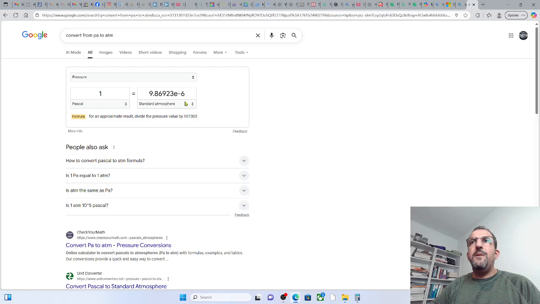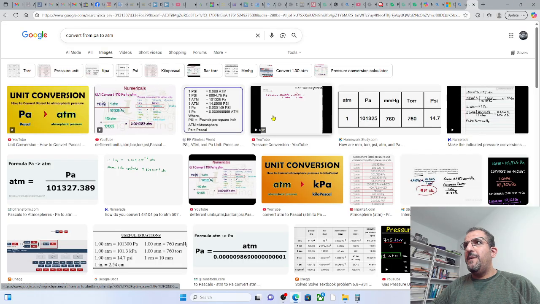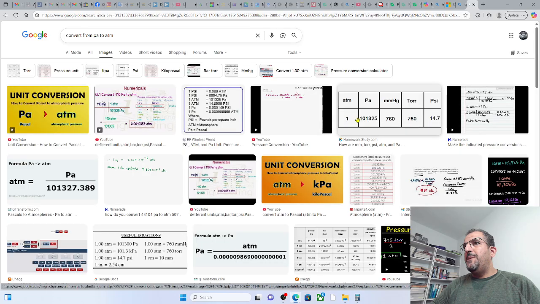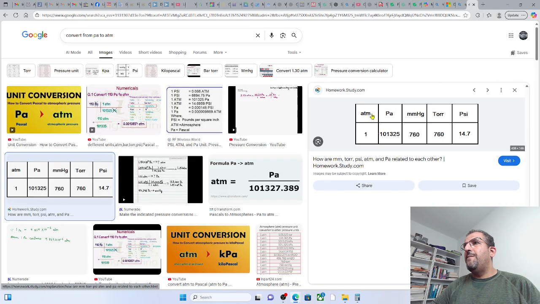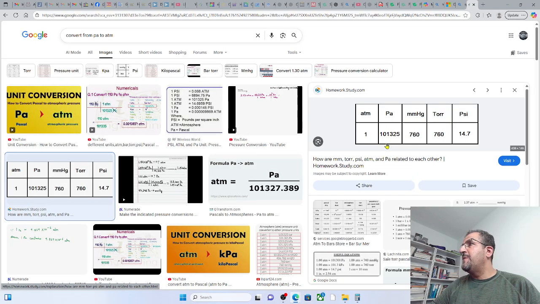So 1 Pascal is approximately equal to this. So let's have it here, okay. This is the right conversion that we are looking for. So 1 atmosphere is equal to 1.01 times 10 to the power 1, 2, 3, 4, 5.